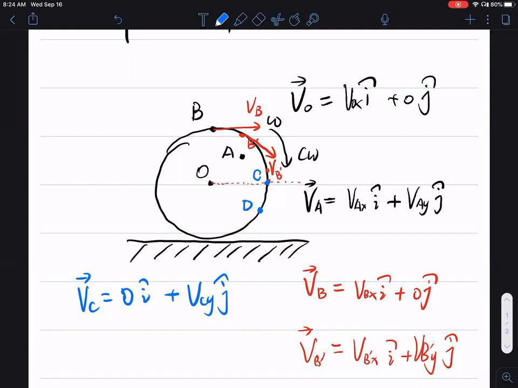Yeah. So if you use your finger, at this point, the velocity is pointing straight down.